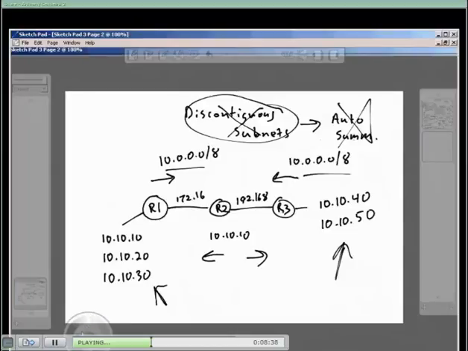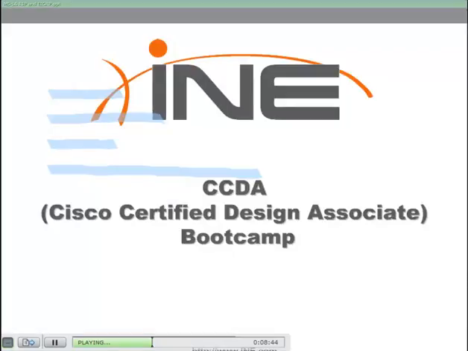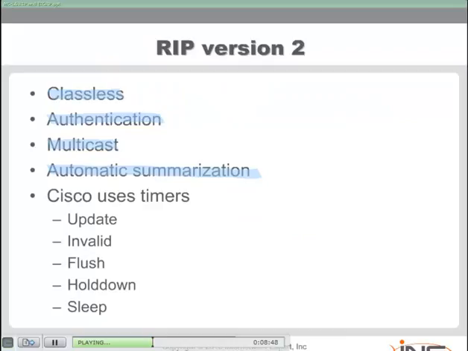Something else that's interesting about Routing Information Protocol is that it is going to rely on a series of timers, and Cisco has actually added some timers that weren't originally specified in the RFCs for RIP. So Cisco took it upon themselves to kind of enhance the timer utilization a bit. Cisco says, all right, we're going to recognize some timers that aren't ordinarily recognized for RIP.